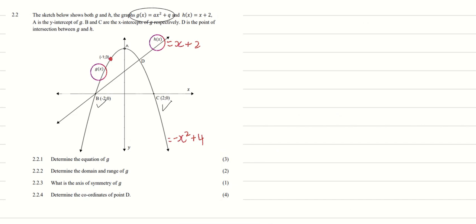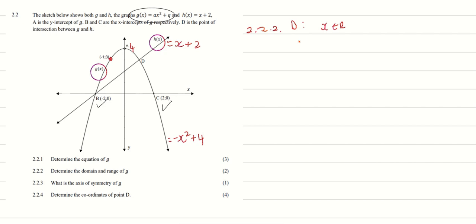Okay, so you'll see I've written in the equation of f. I'm also going to write in this 4 here, now that I have the equation. Question 2.2.2: what is the domain and range of g? The domain of our parabola is all the x values. There's no restrictions along the x-axis, so x is an element of the real numbers.